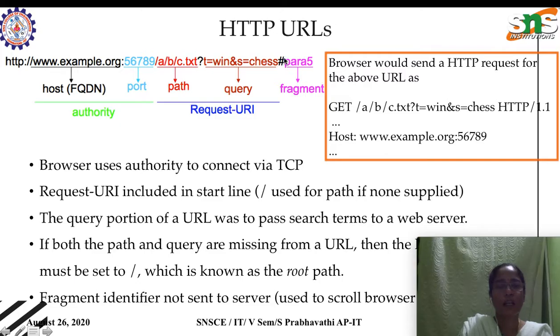And hash para is nothing but the fragment part. This part won't be sent to the server; it is used to scroll to the particular paragraph. So hash para 5 means this part you will be studying in the HTML. Hash para 5 means in the same browser it will look into that paragraph.